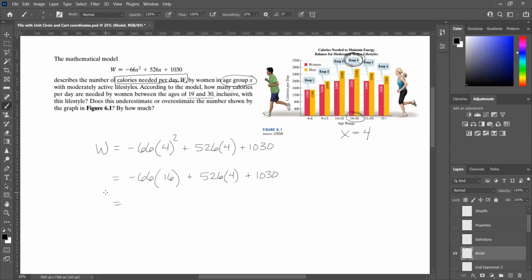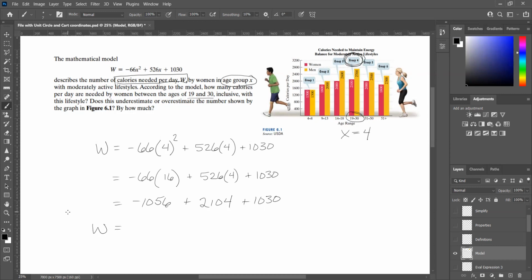So negative 66 times 16 is negative 1056. 526 times 4 is 2104. And then we'll add 1030 to that. And now we're down to the addition subtraction.